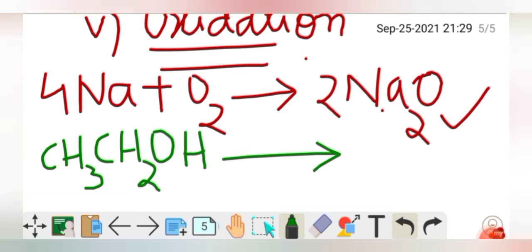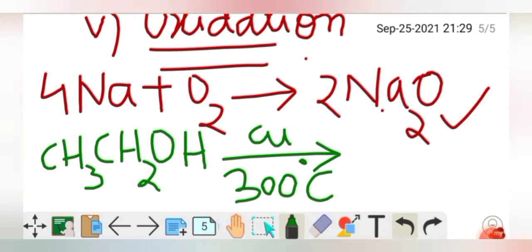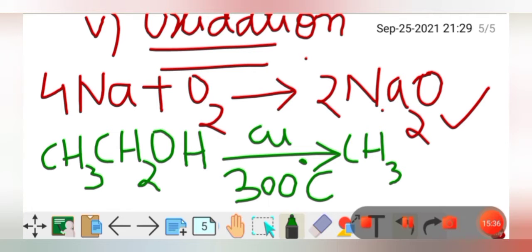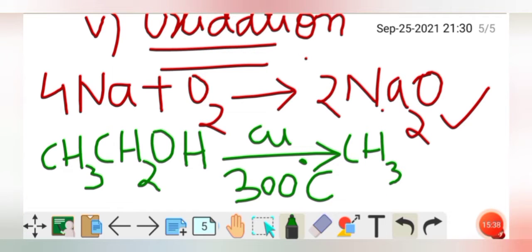When it reacts in the presence of copper at 300 degrees Celsius, it forms CH3CHO, which is ethanal, plus H2.